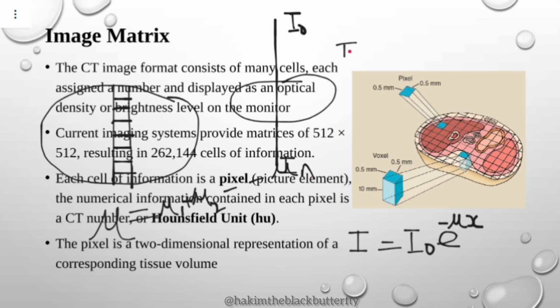So you realize that the final equation is going to be I is equal to I naught exponential negative, mu1 plus mu2 plus until mu n in bracket, x. x will be the thickness of this patient.